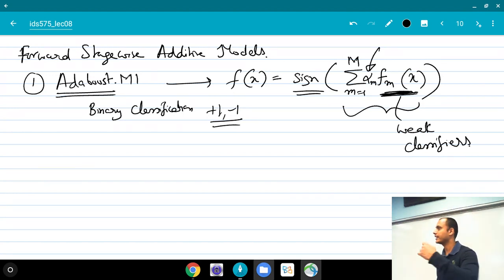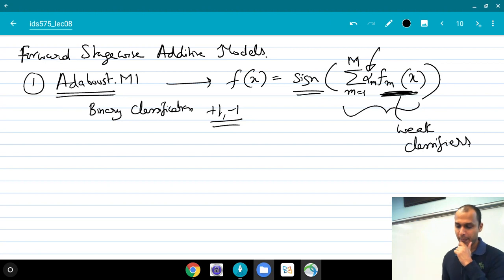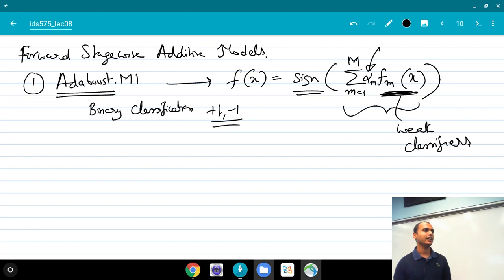So we're going to focus on classification now. We can see regression later. These are called weak classifiers, and weak classifiers just mean that these classifiers have relatively high misclassification errors, or they are not really good classifiers.